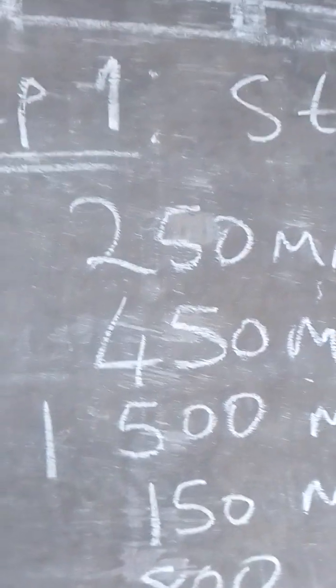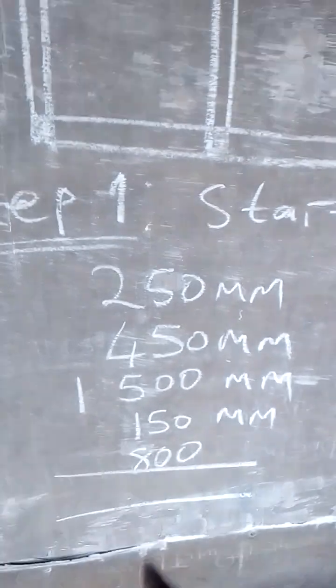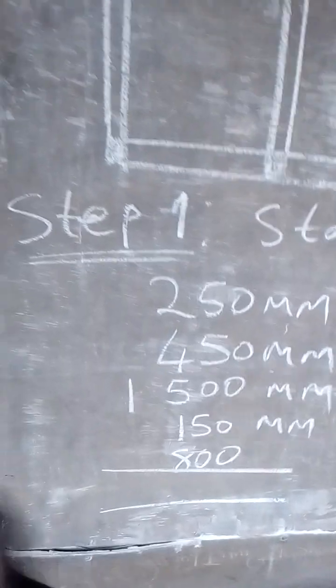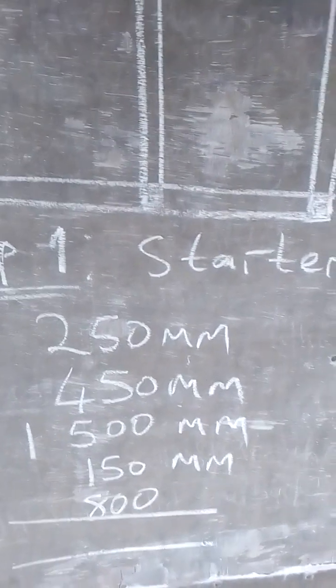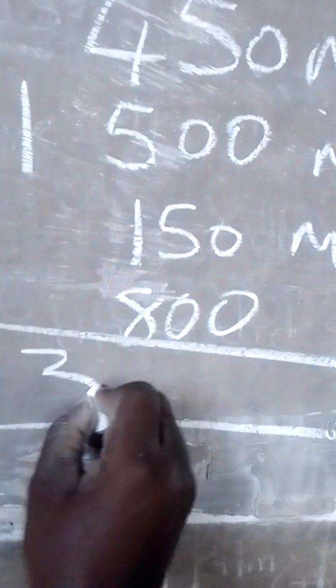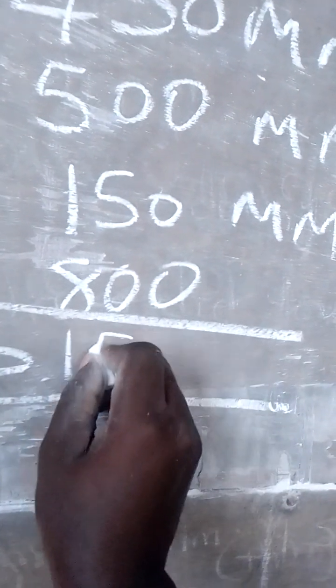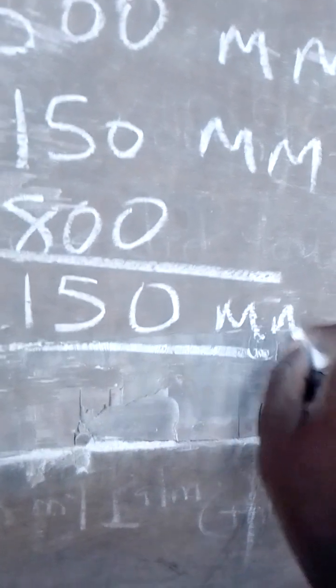Remember, before you get the starter bar, you calculate the dimension of travel of the starter bar. Let's add it together. Let's use our calculator. Our calculator says 3150 millimeter.